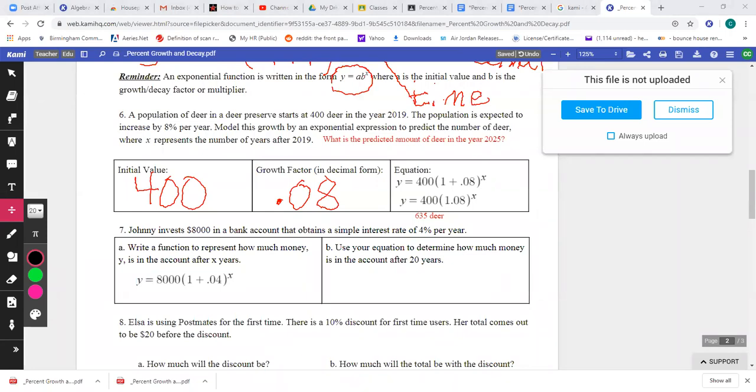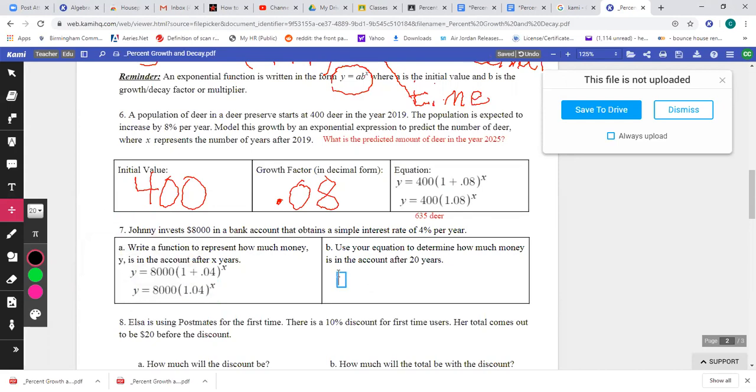So it's going to look like this: 400 times 1.08 caret 6 equals. And then you have to simplify this even further. So this is y is equal to 8,000 times 1.04 to the x. Okay. So that's how you write the equation.